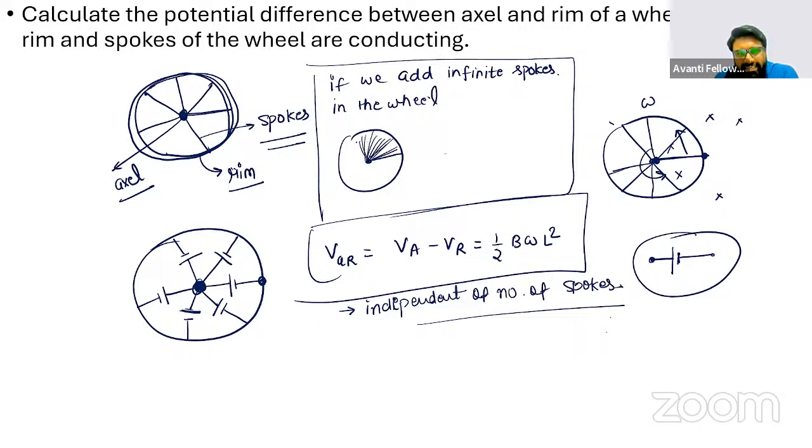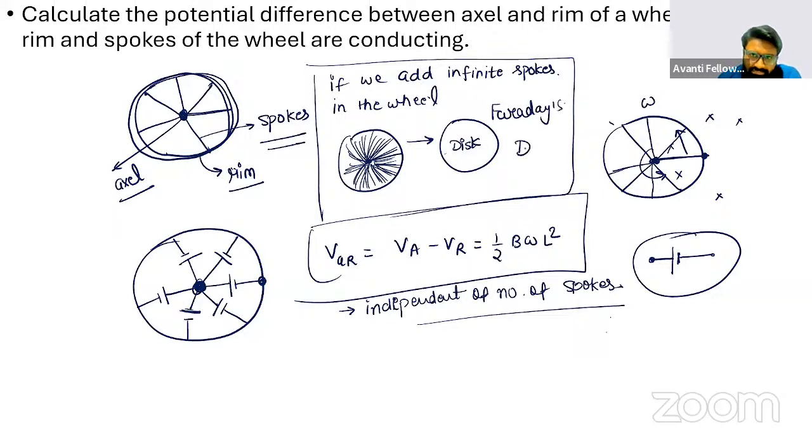If you see, it forms a disk. Will it not form a disk? Yes, absolutely. So it will form a disk, and that disk is called Faraday's disk.